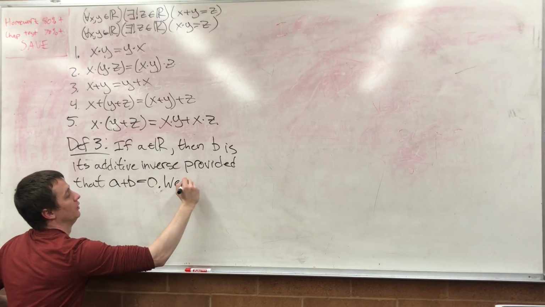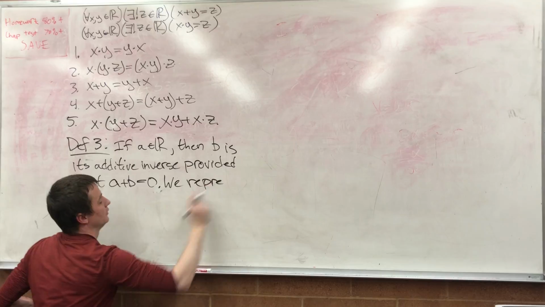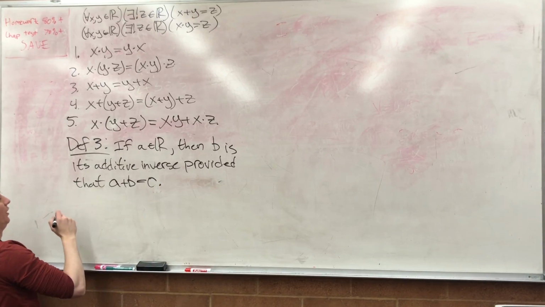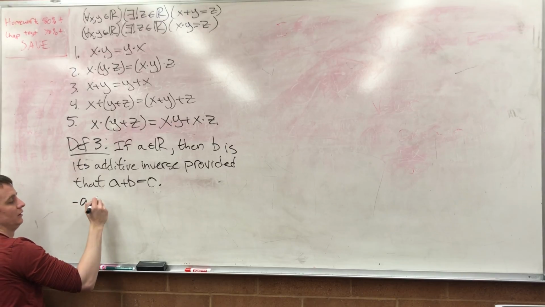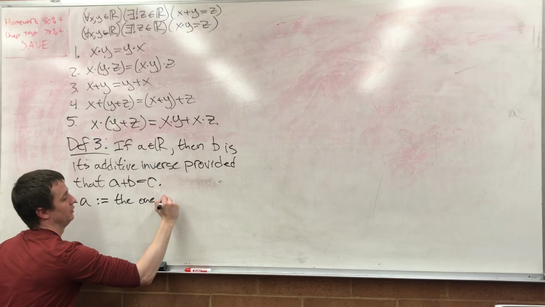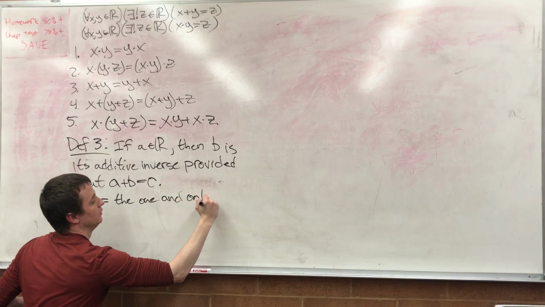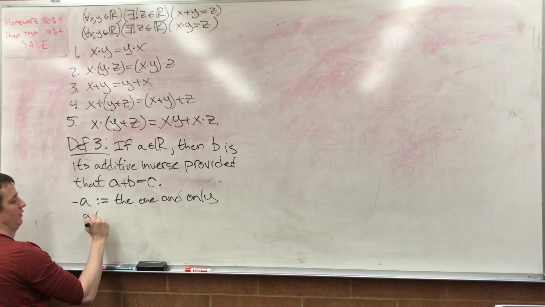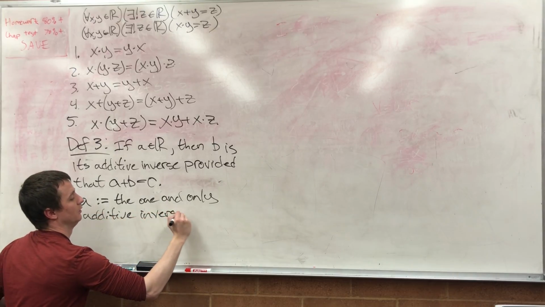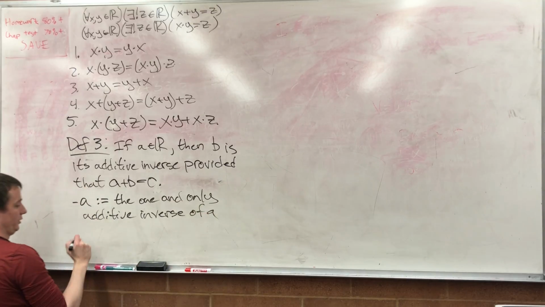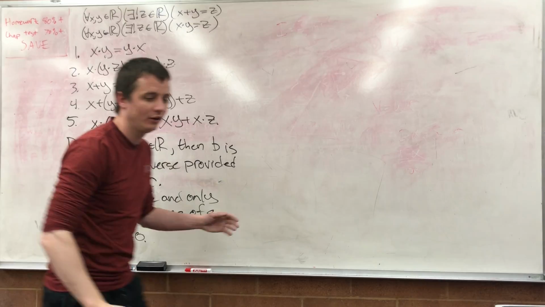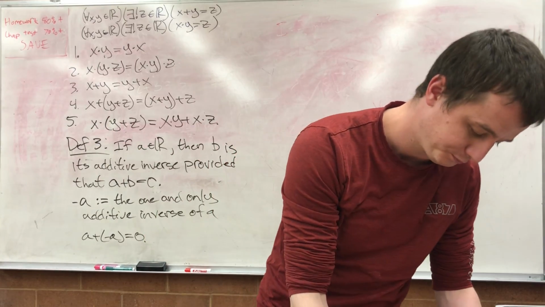Negative A, we define to be the one and only additive inverse of A. In other words, we know that A plus negative A is equal to 0 by definition of what we mean by that symbol, negative A.